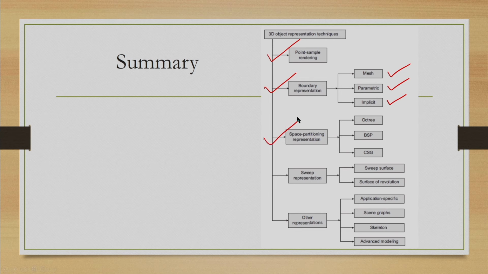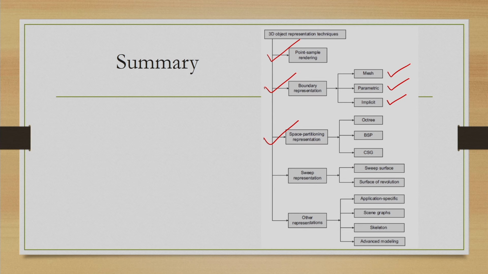Here, instead of representing an object in terms of its boundary, we represent the space occupied by this object. And typically we use some hierarchical representation in the form of trees, which is more popularly called space partitioning tree. And there are many subcategories of such representations, namely octree method, BSP method or binary space partitioning method, constructive solid geometry method or CSG methods.